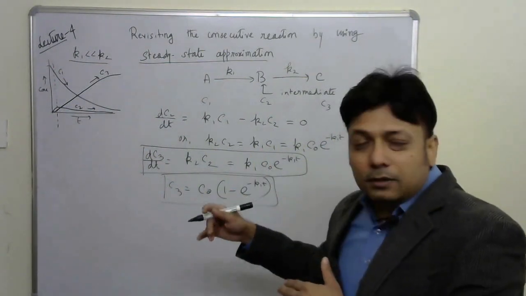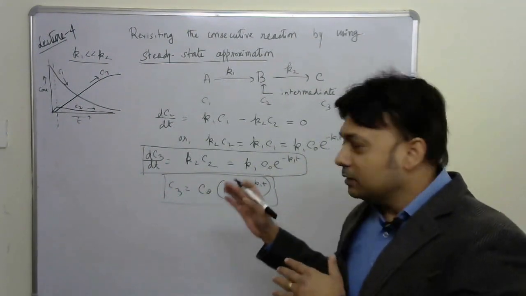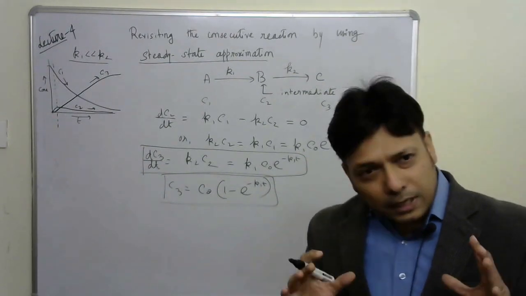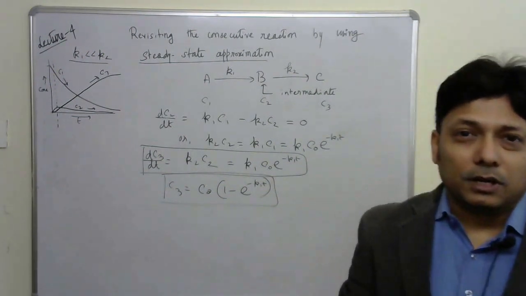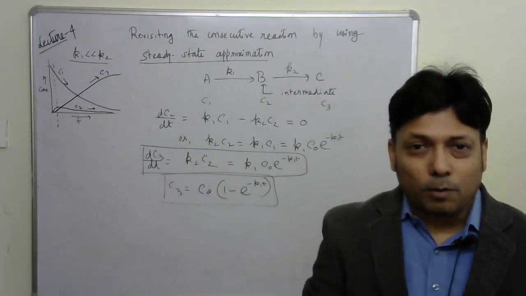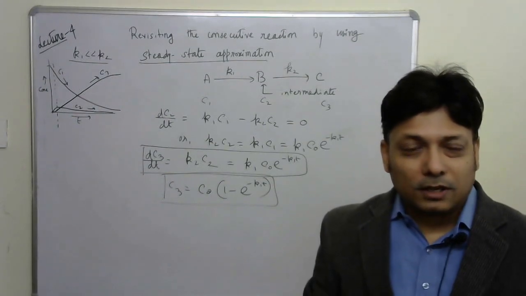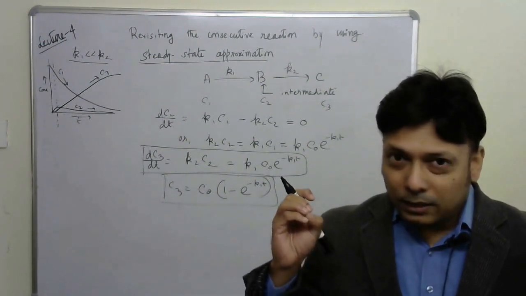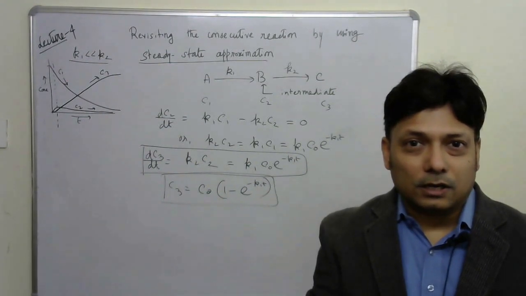So in many practical applications, we can apply the concept of steady state approximation. So that means we automatically assume that whenever we have some intermediates, the intermediate is getting formed slowly. So the intermediate forming rate constant is small, and there could be many intermediates, and we can apply the approximation of steady state at each stage.